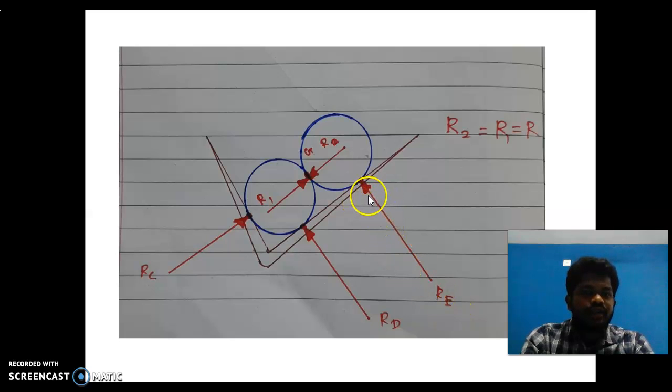At point E, the fork applies the reaction force on the pipe. This point is G.